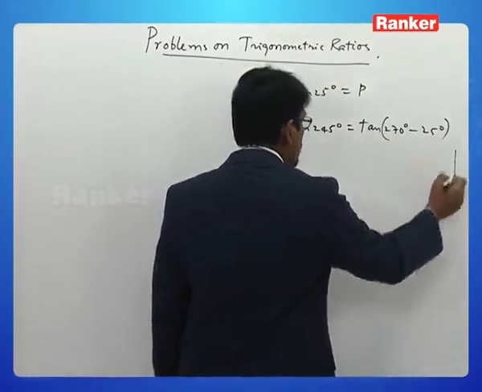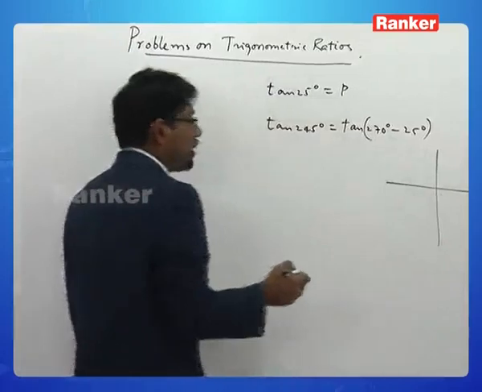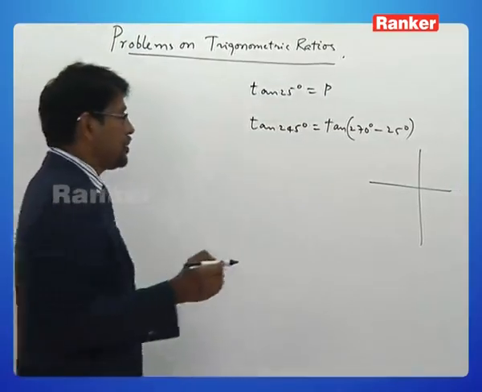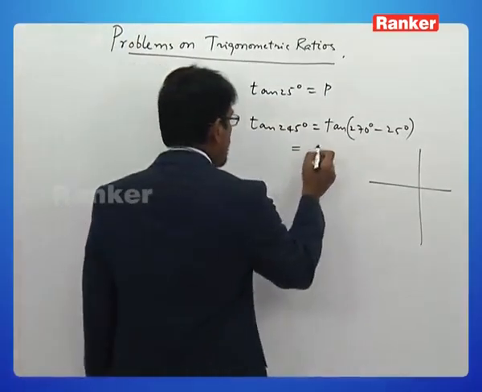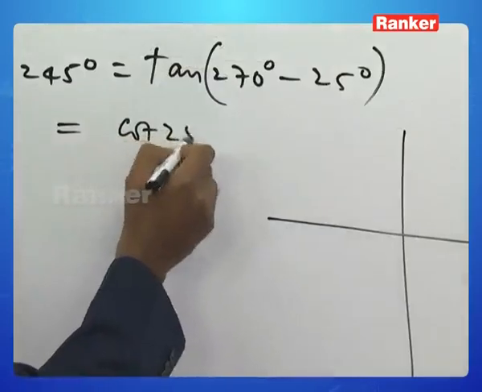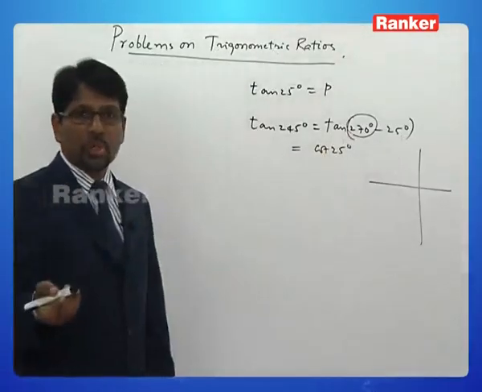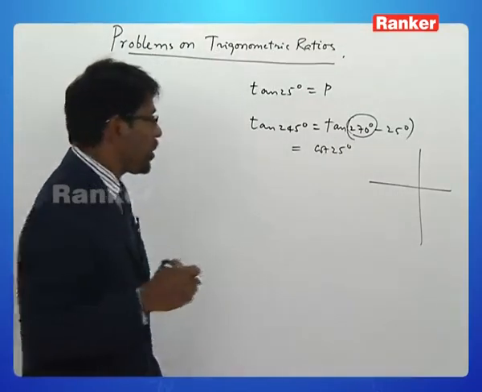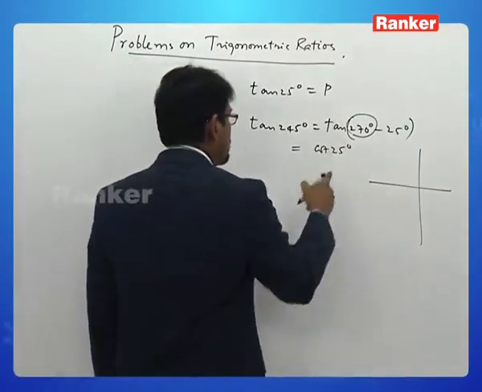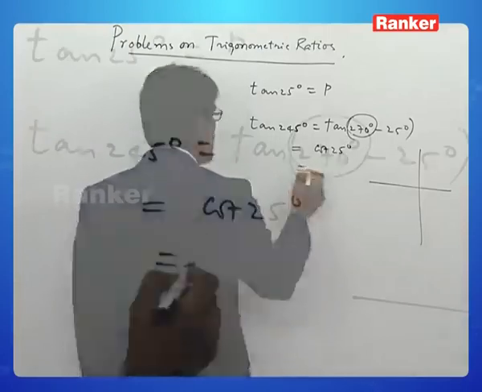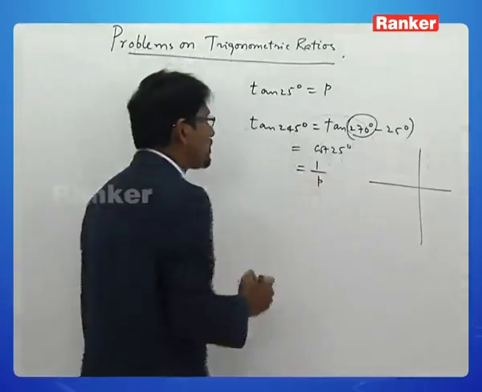This lies in the third quadrant. In the third quadrant, tan is positive. Because it's an odd multiple of 90, it changes to its cofunction, so we get cot 25 there, and that is of course 1/P.